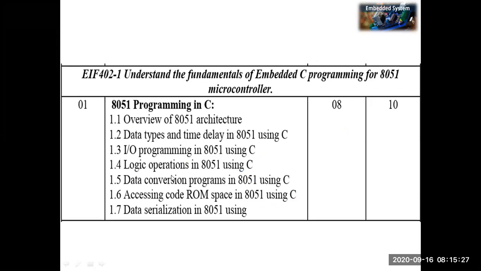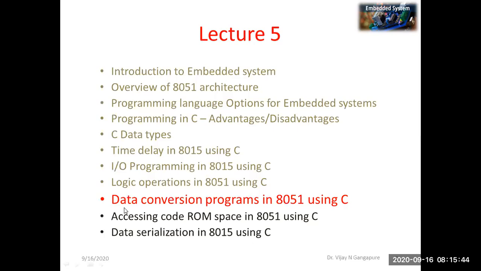In the last lecture, lecture number 4, we discussed how to perform logic operations for the 8051 microcontroller in the C programming language. In this chapter, we are going to focus on data conversion programs in C for the 8051 microcontroller.